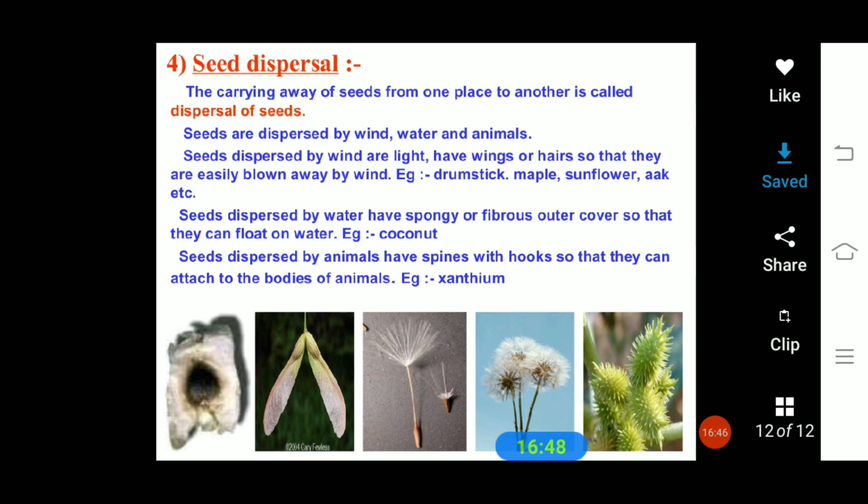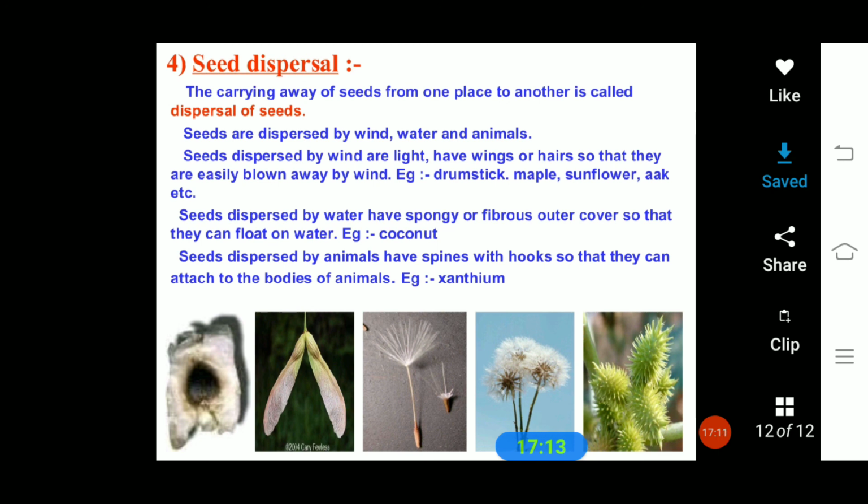Did you observe how these seeds were clinging to your clothes? What do you think will happen if all seeds of a plant fall at the same place and grow there? There would be severe competition for sunlight, water, minerals, and space. As a result, seeds would not grow into healthy plants.